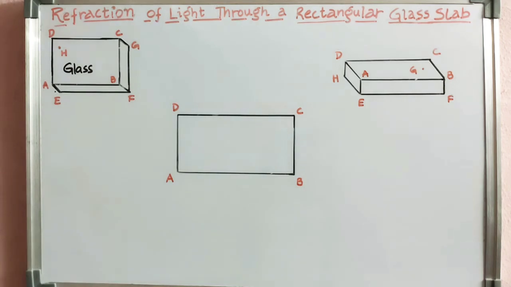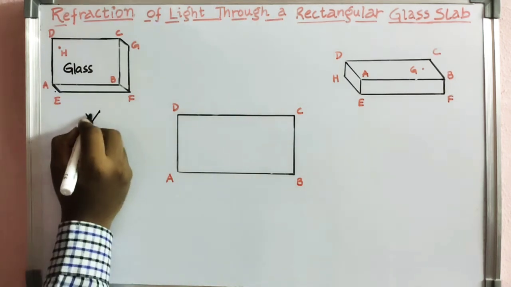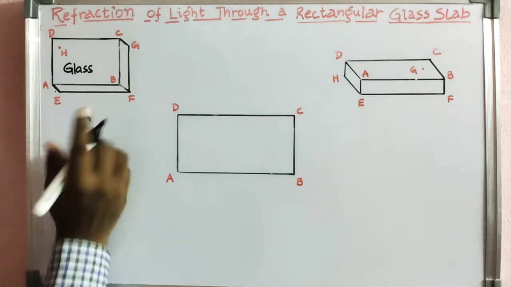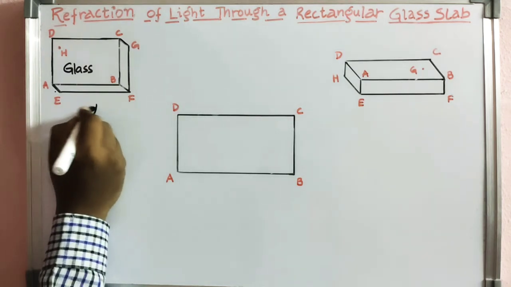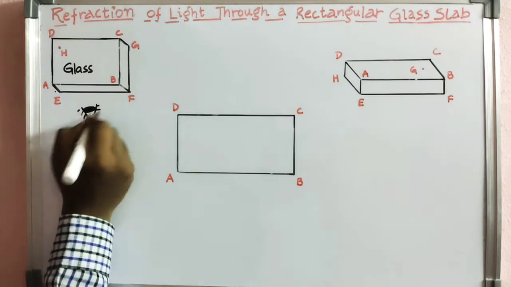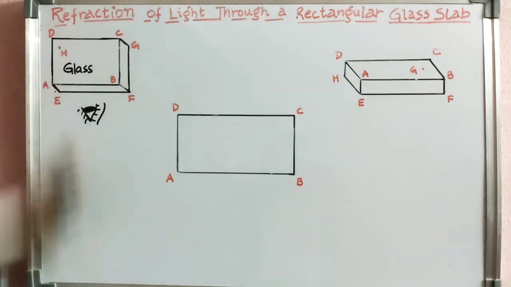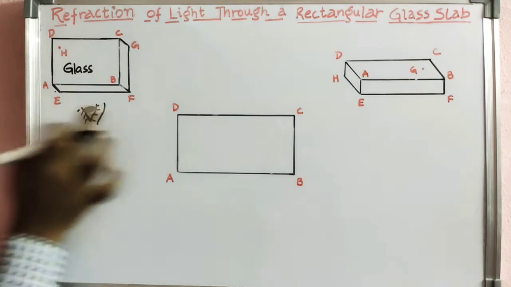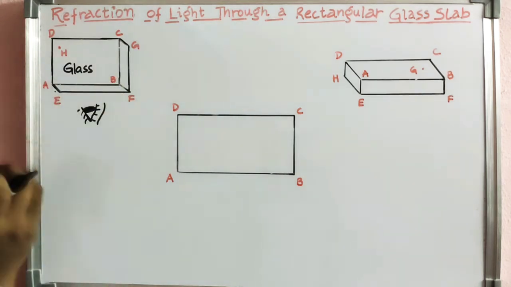If I see the same glass slab from this side, try to see it through this face. Which face? AEFB. How does the glass slab look? That diagram I have drawn here.